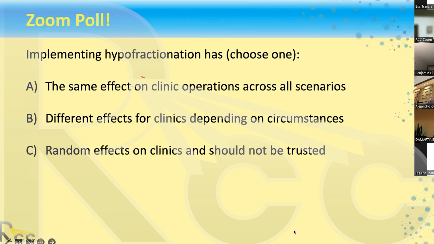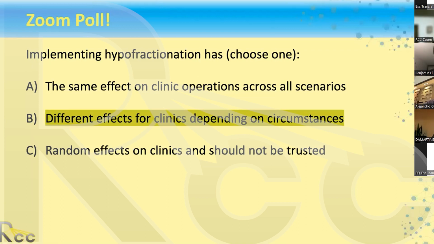So now you can see that around 75% said B and 25% A. And 9 people chose C. Good.